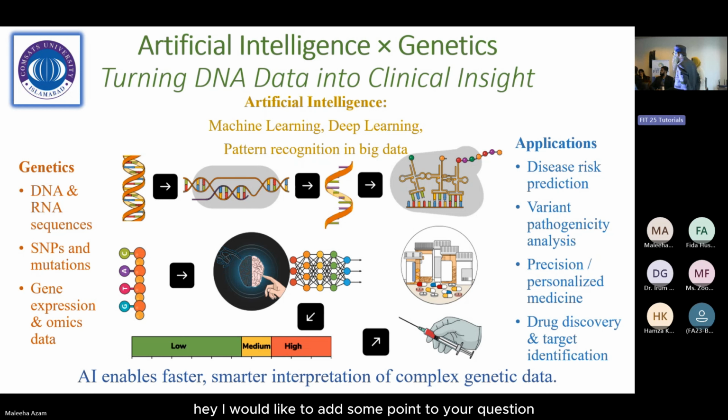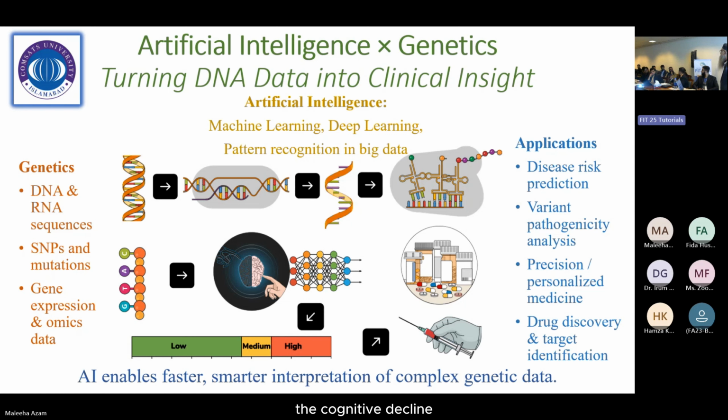Yeah, I would like to add some points to your question. You were asking how your work is different from MRI diagnostics. Usually MRI or other types of tests are conducted at a later stage of the disease. So what we are trying to suggest is to build an app based on spontaneous speech and linguistic characteristics, so that it can be on the mobile app of a user, continuously monitoring cognitive decline.